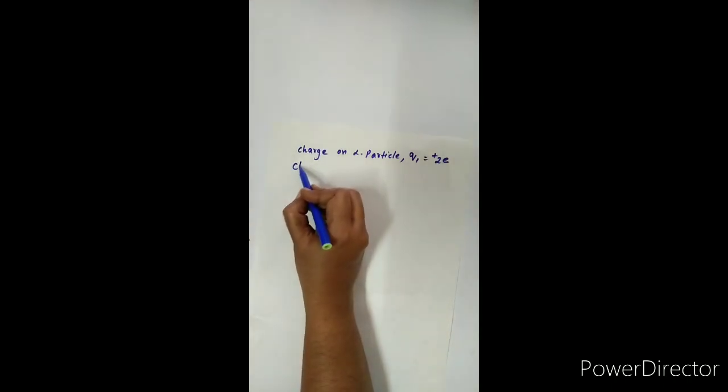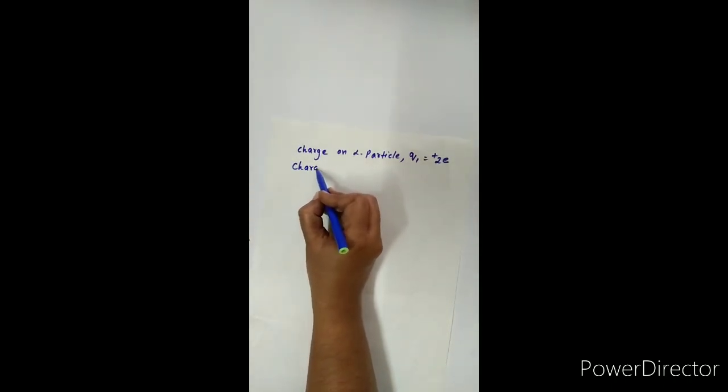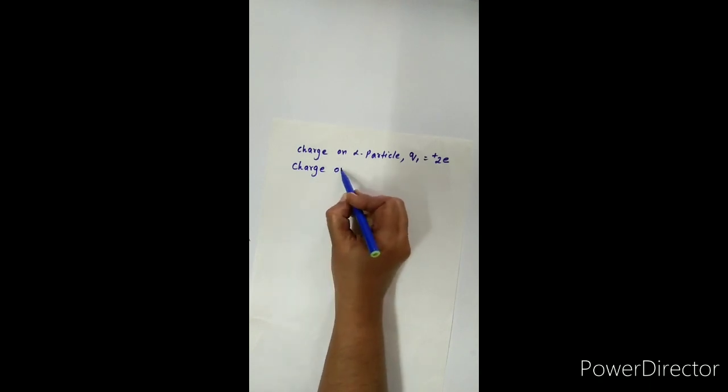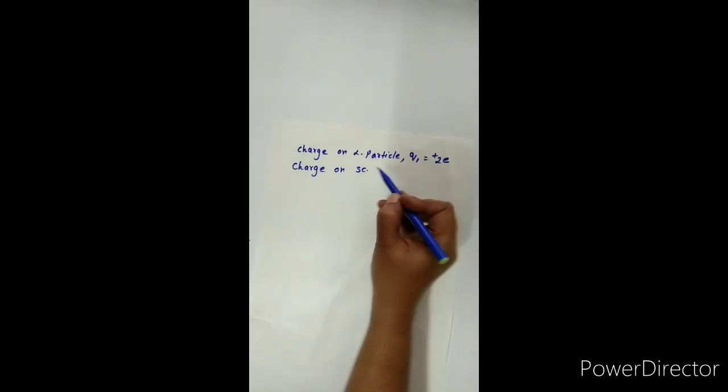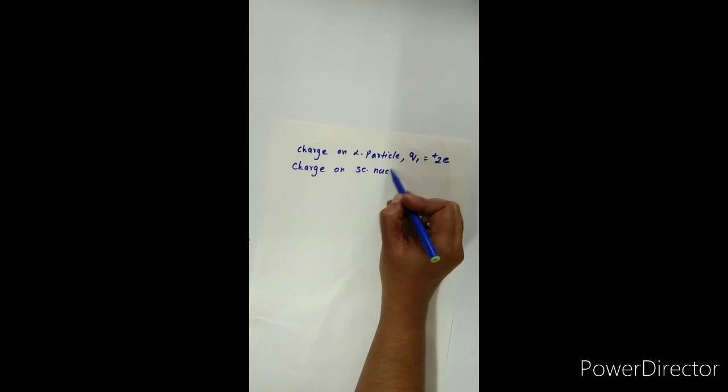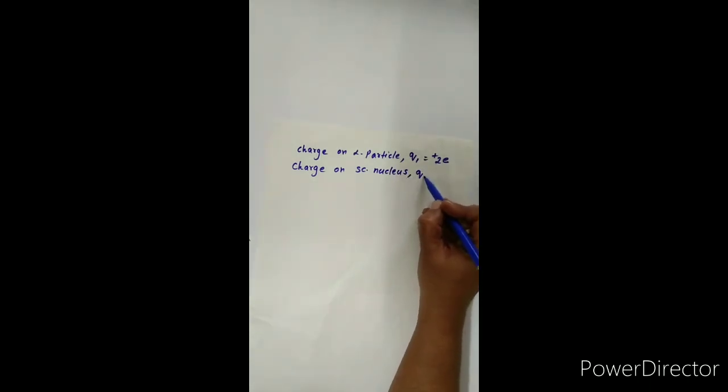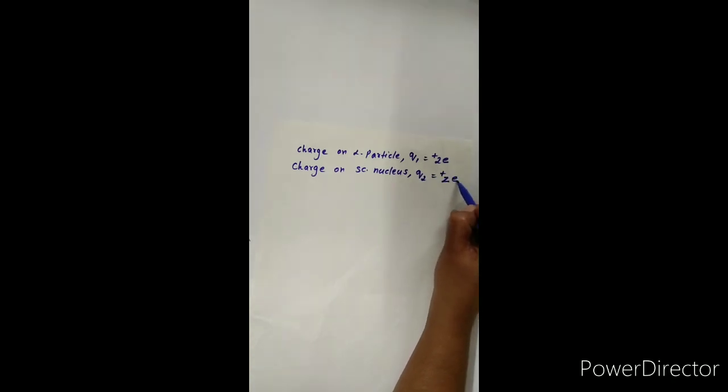Then the charge on the scattering nucleus, here a gold nucleus, is Q2 equal to plus Ze, where Z is the atomic number of the gold nucleus.